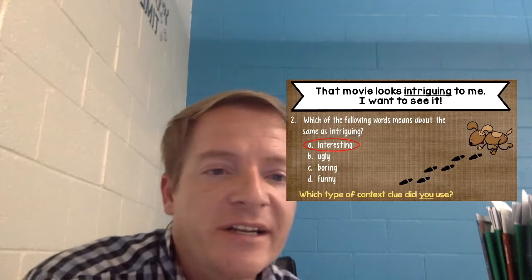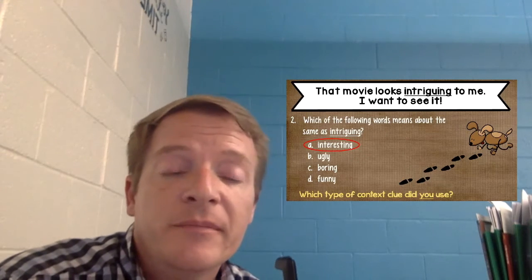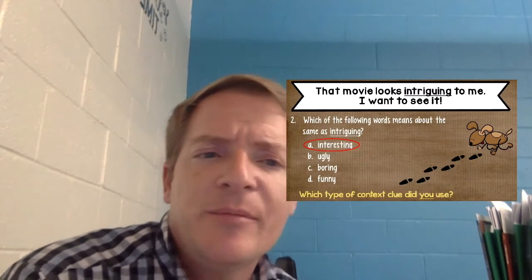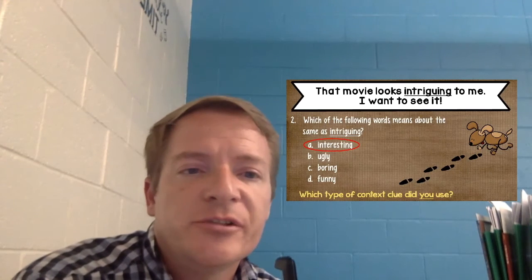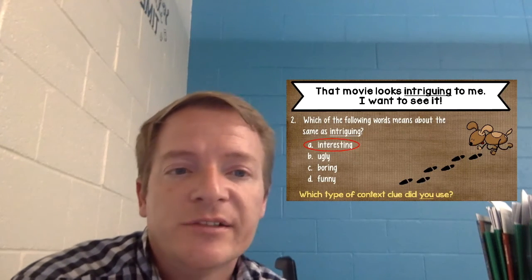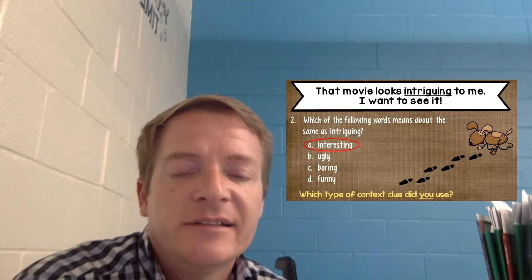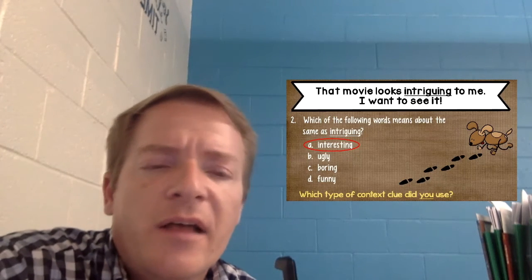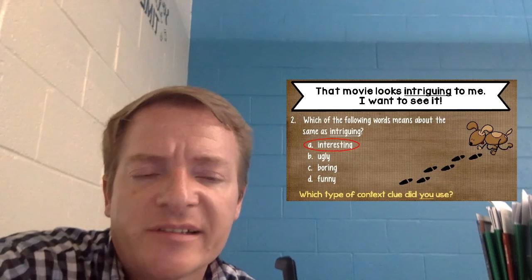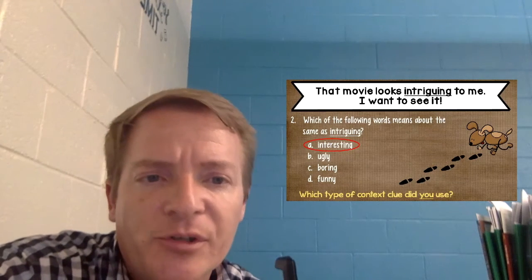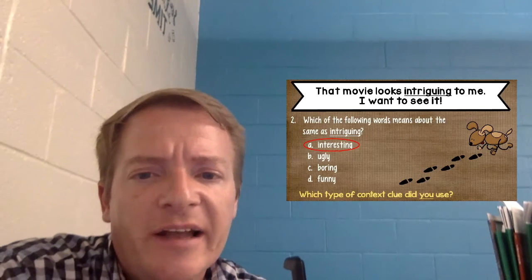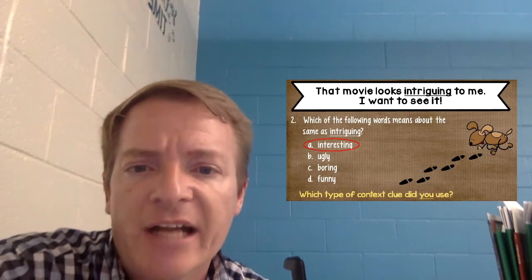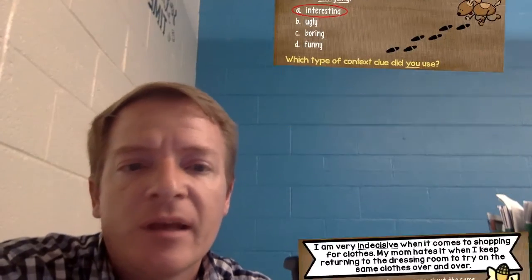Is it a definition? Is it a synonym? Is it an antonym? I don't think it's a synonym or antonym. To me, it's more of the explanation part because it's saying she wants to see it. So it helps you understand that it's something that she wants to go look at. It's something that she wants to see.